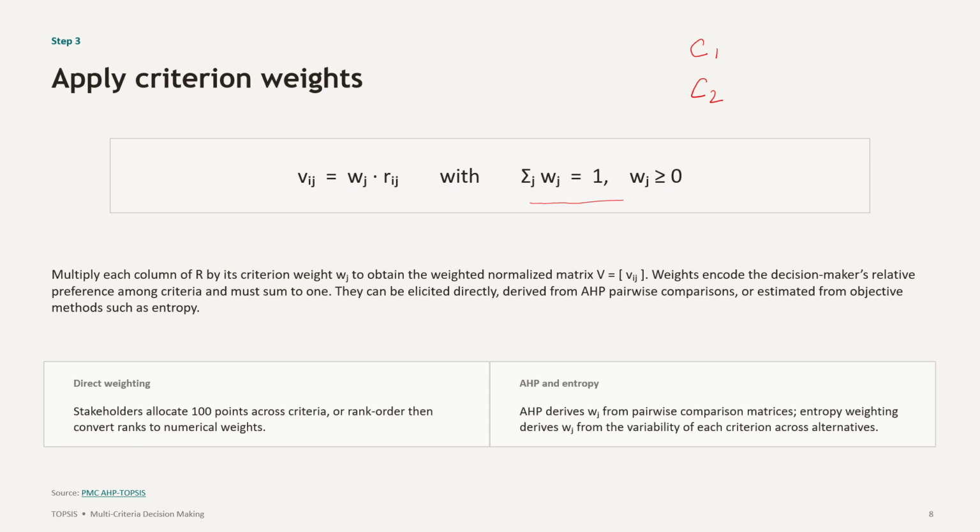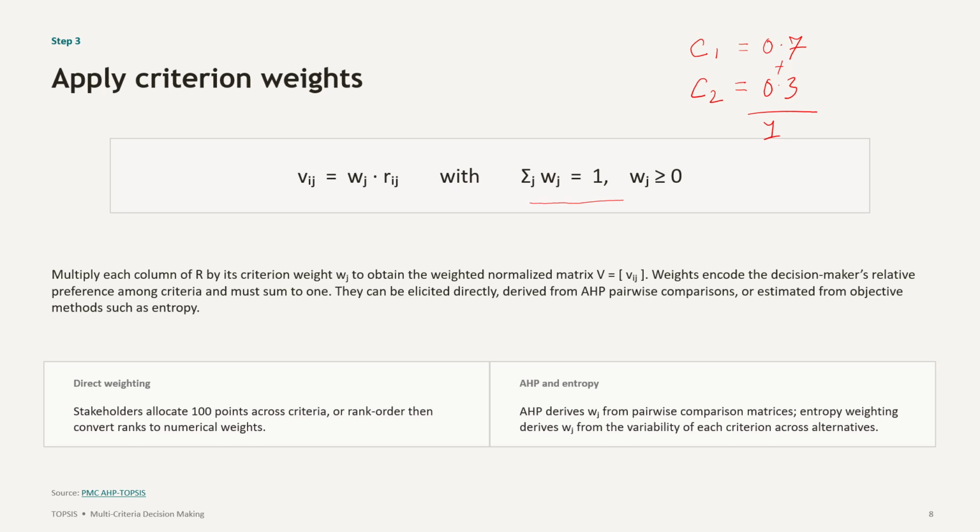And each of the weights must be greater than or equal to 0. So let it be C1, the cost criteria, 0.7, C2 0.3. So the summation will be 1. Correct? So this condition you have to make. You can assign any weights which is proportional to the importance of the criteria with respect to the decision maker.